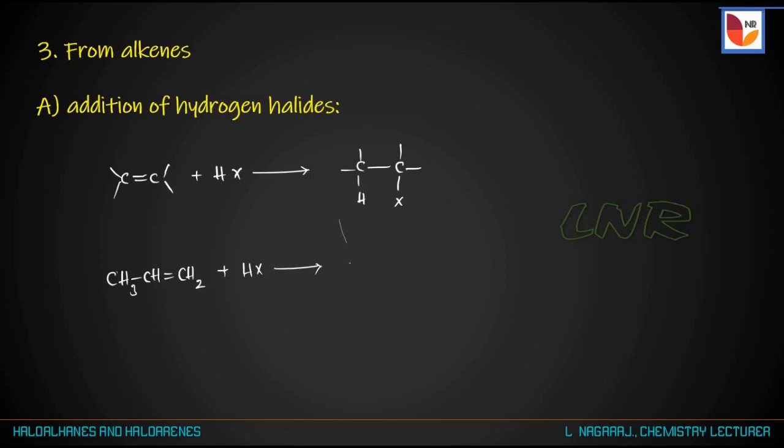That is, the product CH3CHXCH3 and another product CH3CH2CH2X. The first product is the major product and the second one is the minor product.